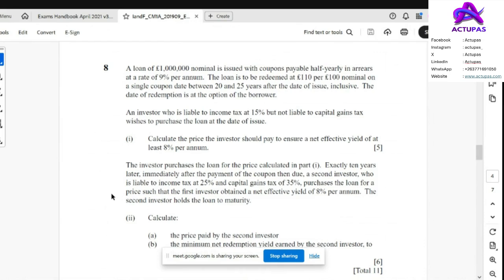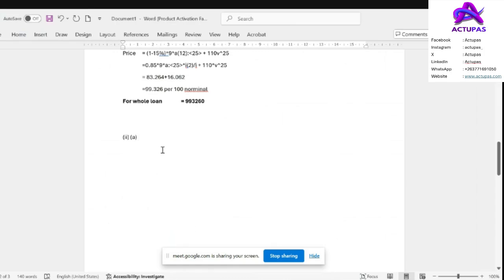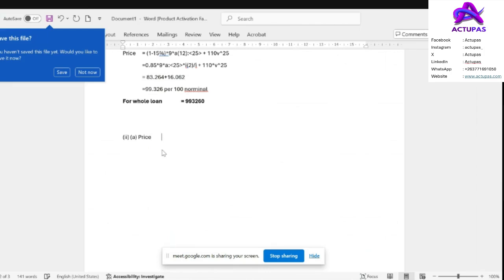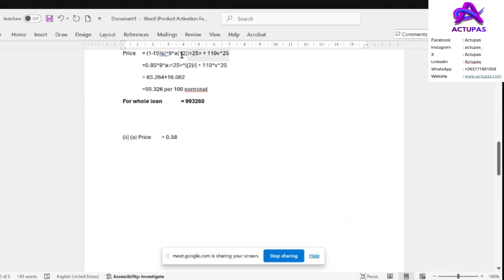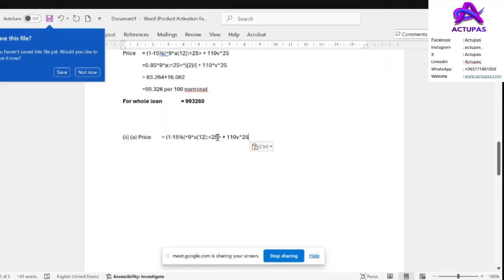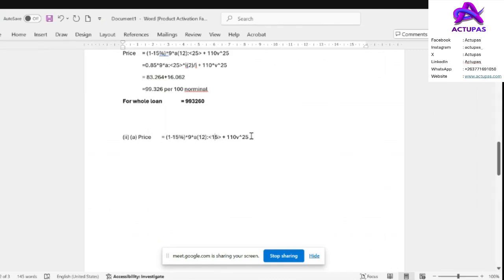So in this case, the loan was left with 15 years from the 25 years initially. So the price would then be equal to, we said 1 minus 15% is 0.85. It's just this same formula here, but the only difference is we are now using a term of 15 years, so we can just copy it in an exam instead of typing it again, replacing 25 with 15.